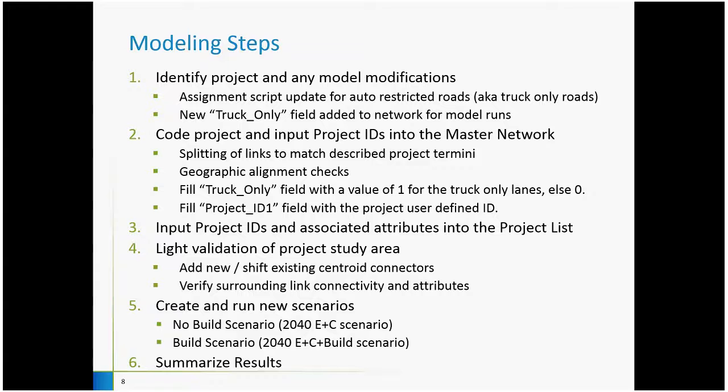One other note is the project list includes the required attributes needed for each scenario, and I'll go into that in more detail in the next slide. But those attributes are number of lanes, area type, and functional classification.